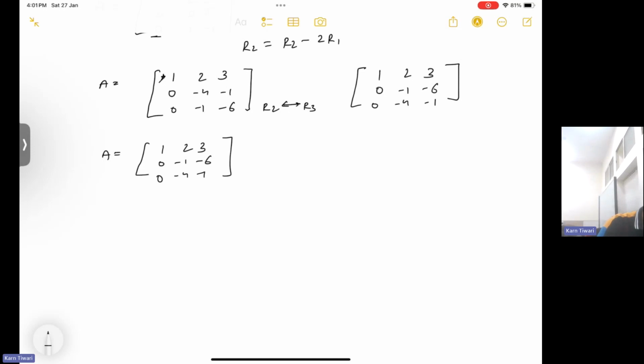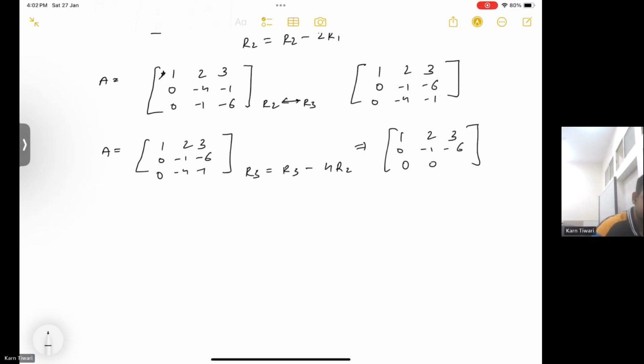Now perform row 3 is equal to row 3 minus 4 times row 2. So it becomes basically 1, 2, 3, 0, minus 1, minus 6, 0, minus 4, minus minus, that is 0.